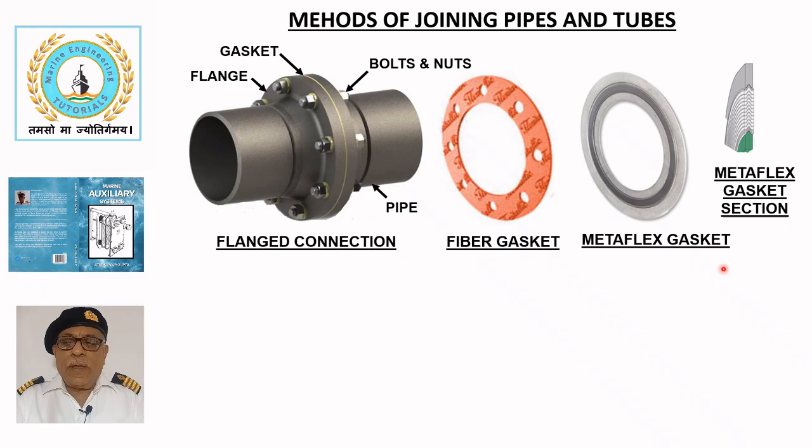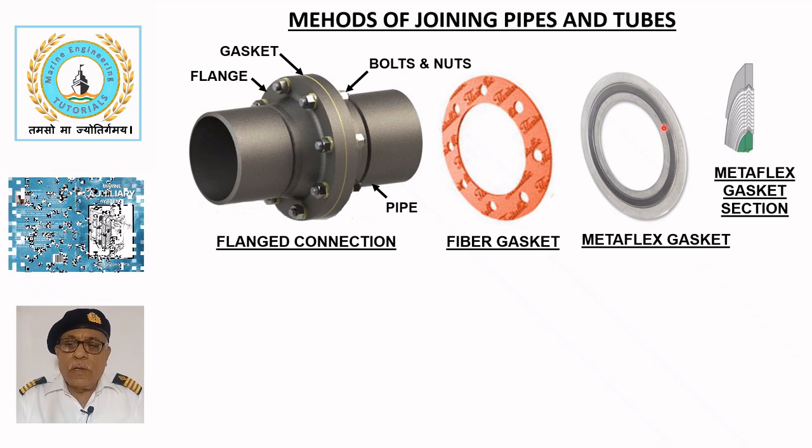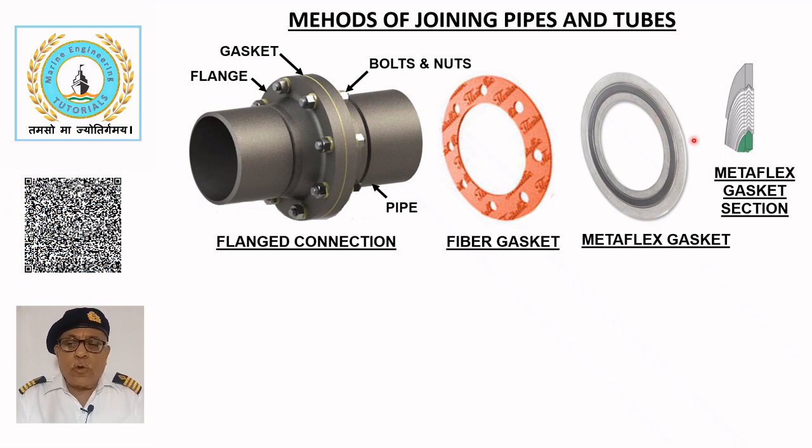For high pressure piping, a metal flex gasket is used, which prevents rupture of the gasket due to metallic backing rings provided on either end of the sealing ring. This gasket has a corrugated metallic core, usually of stainless steel, wound spirally, and soft packing such as graphite, PTFE, or fiber sandwiched between them.